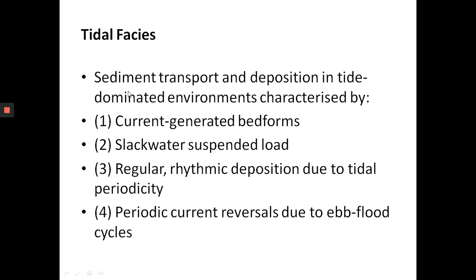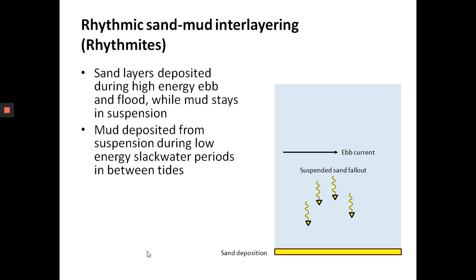But in a tidal environment, during one part of the day, you get one current moving towards the sea, and another part of the day, the current will move in the opposite direction from the sea to the land. You get current reversals, and the current reversals are periodic. There's a regular cycle to that because of ebb flood cyclicity.